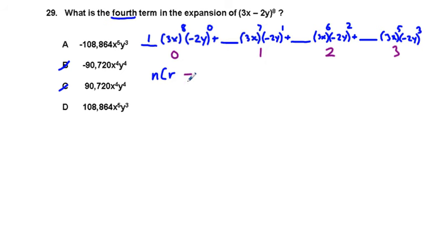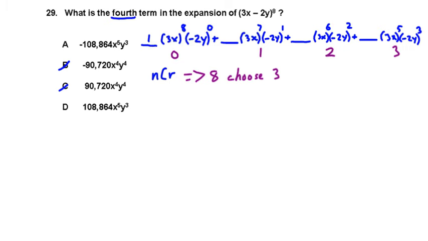So our n is going to be 8, and we're going to choose 3. I'm just going to put 0, 1, 2, 3 for context here.